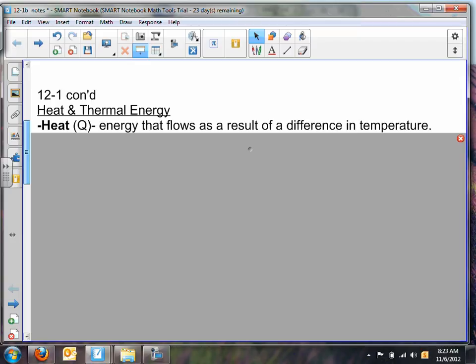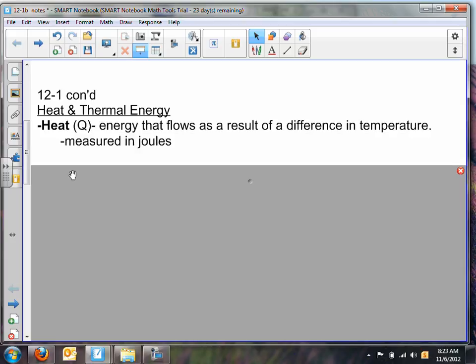The symbol for heat will be Q when we get to our equations. And as is true of all energies, the units for heat will be joules in the SI system.